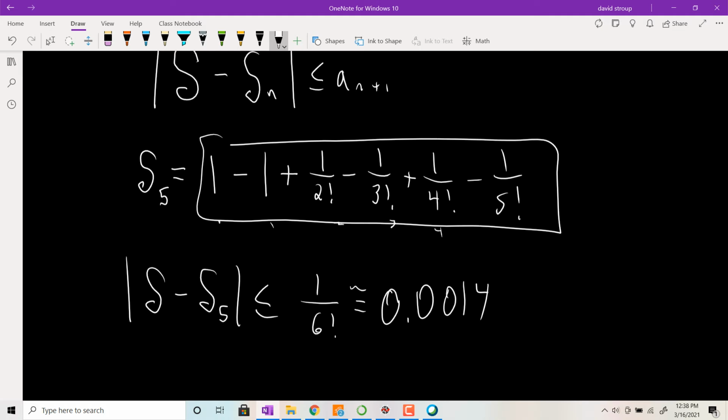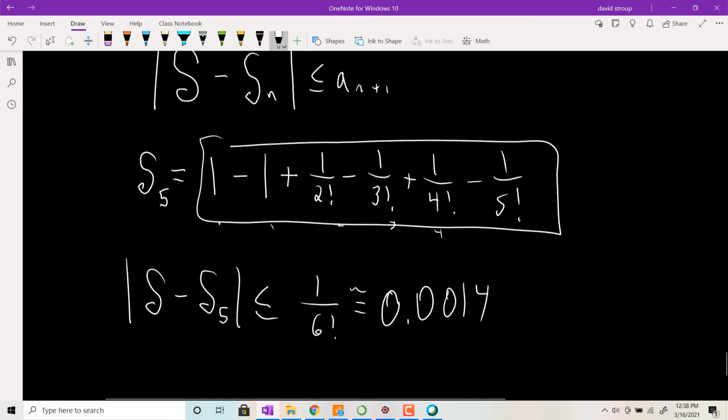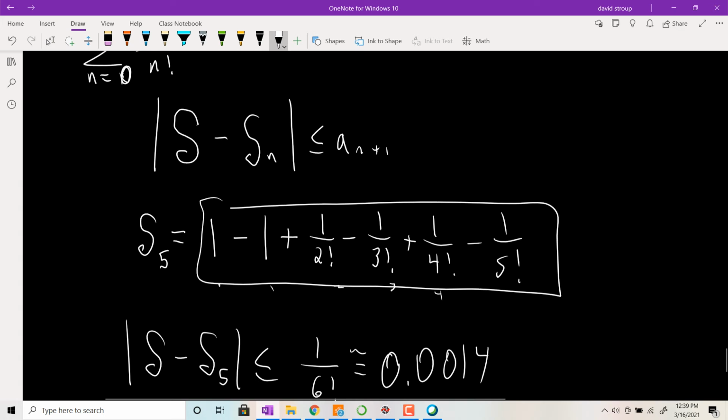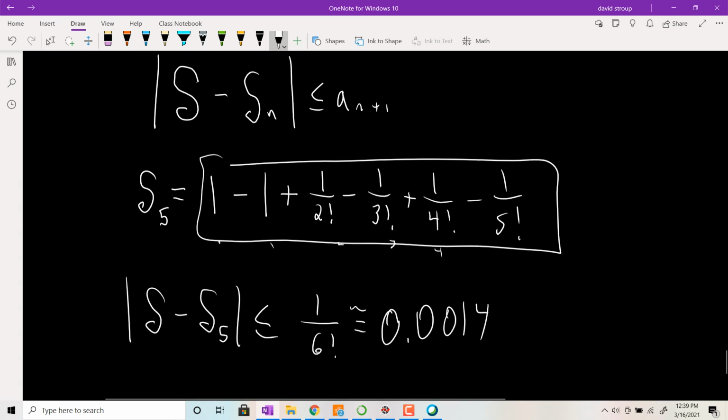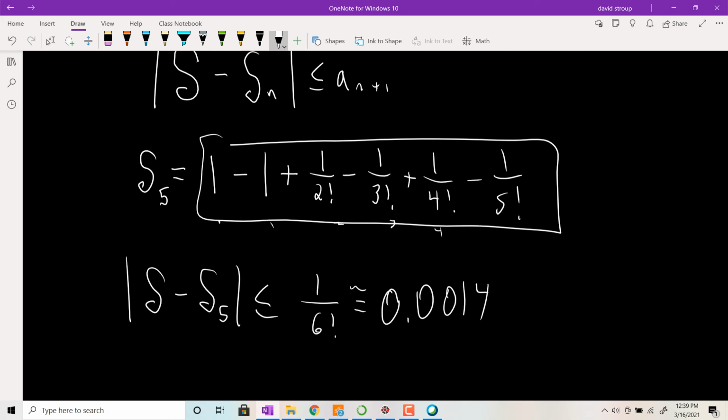Okay, that's pretty small, right? So it's saying that you can use just the first couple terms of your series to determine an approximation. Not only that, you can figure out how good the approximation is, so long as this thing is convergent. Okay, so let's apply this.